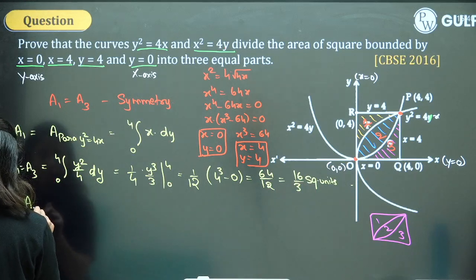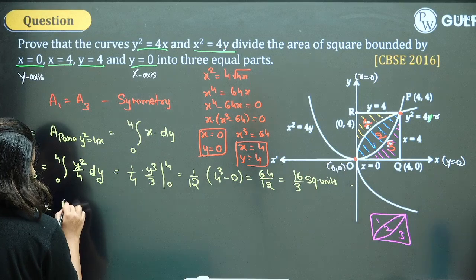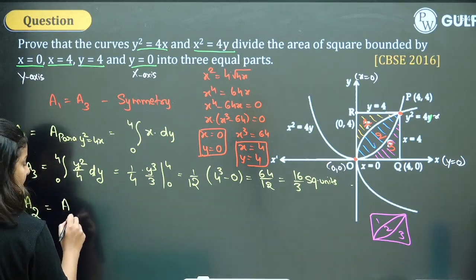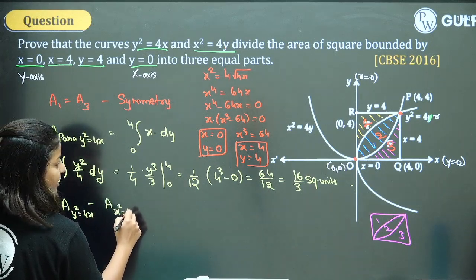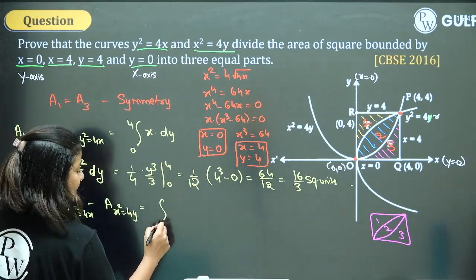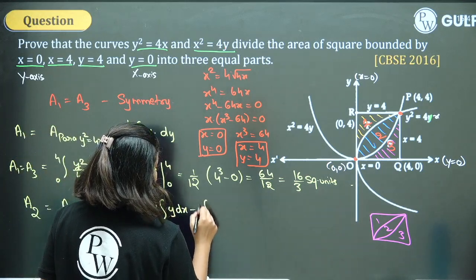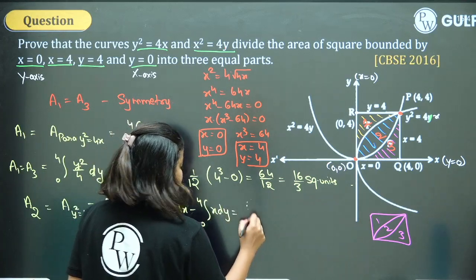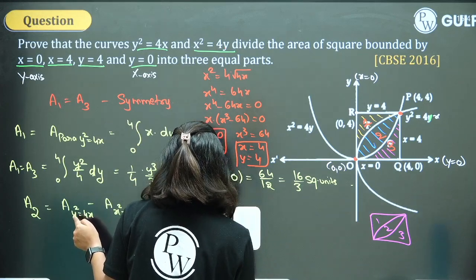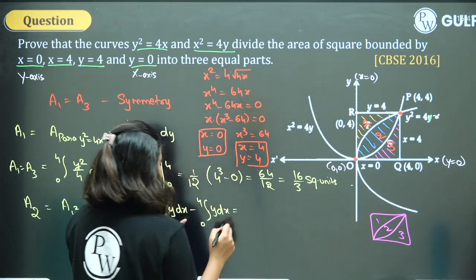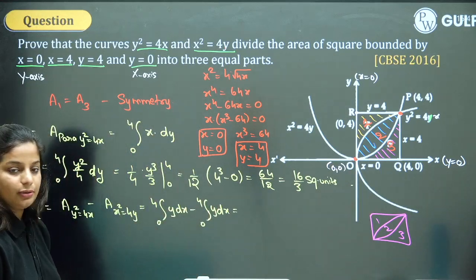How to find A2, my dear बच्चों? We can find A2 by taking area under the parabola y square equal to 4x minus area under the parabola x square equal to 4y, which is integrating from 0 to 4 of y dx minus 0 to 4 of y dx. y dx will come in both, because the limit is on the x-axis now, so integrating with respect to x.